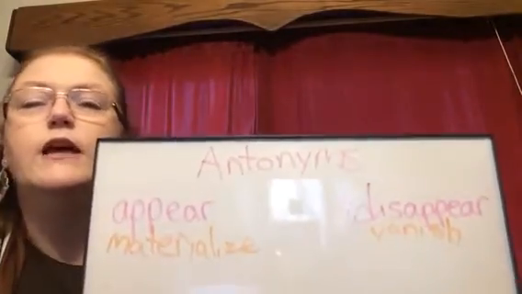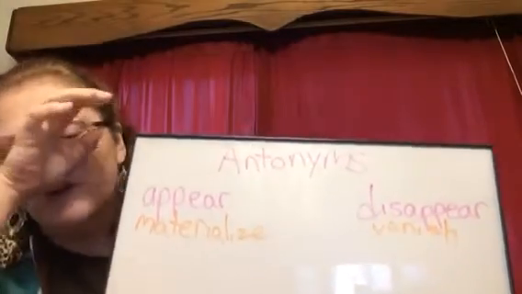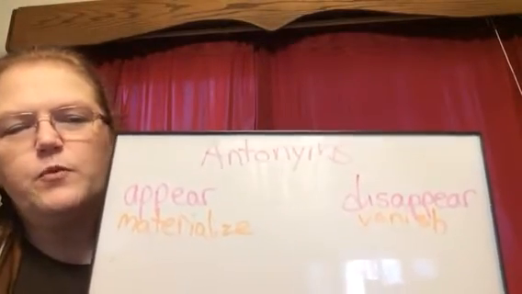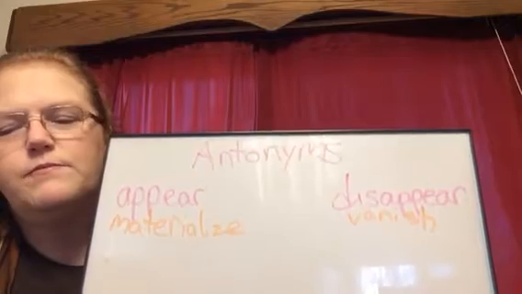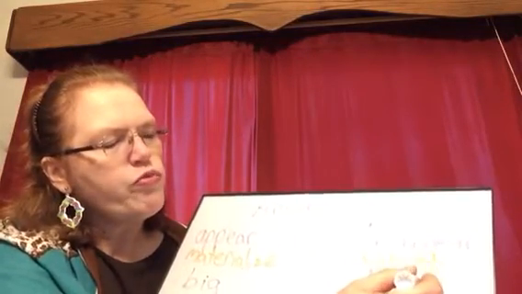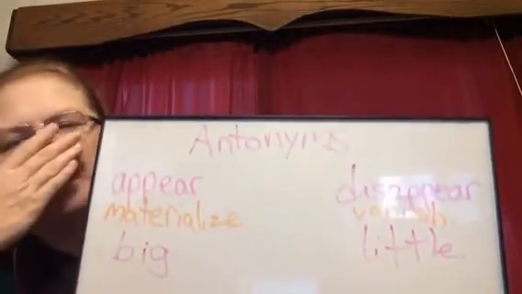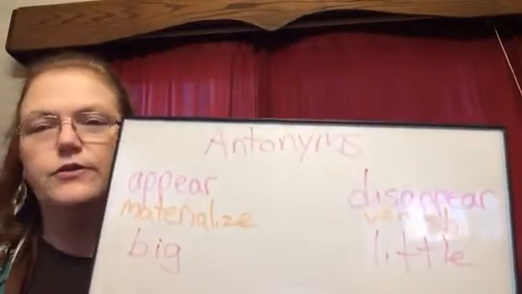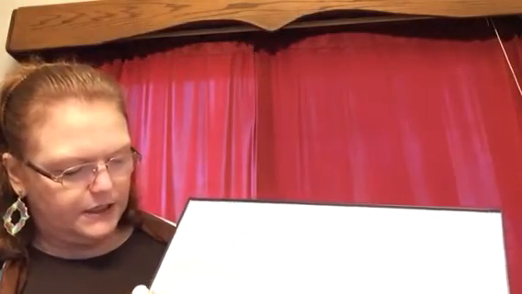So can you think of any other words that belong on our antonym chart? What are some opposites? Oh, I know somebody out there is saying big and little. Now, we could also, for those words, have some like gigantic. That means big, doesn't it?